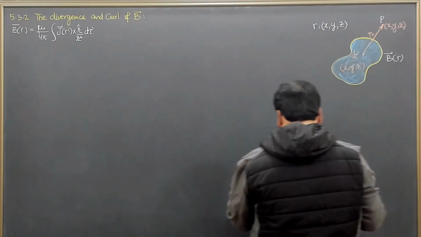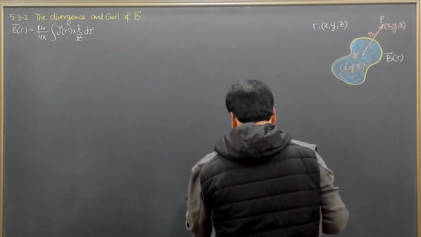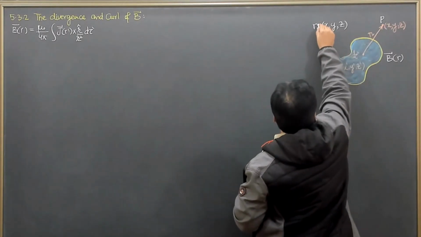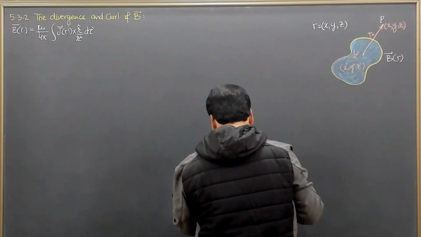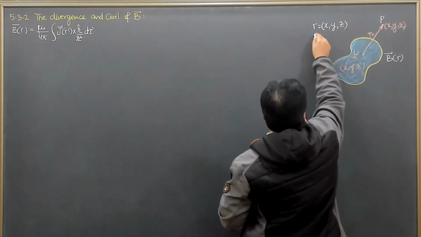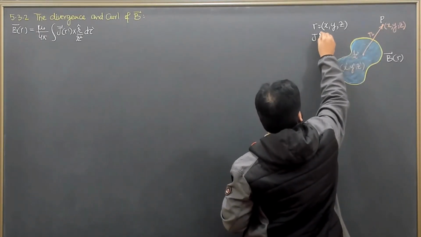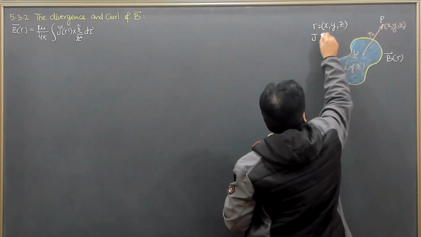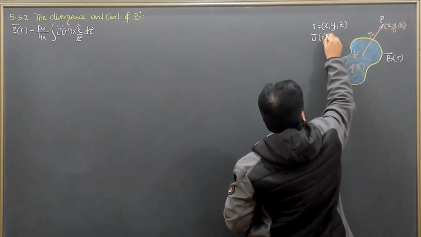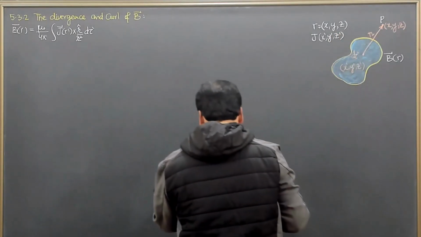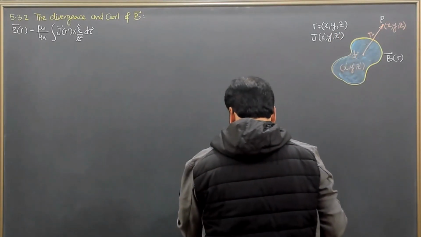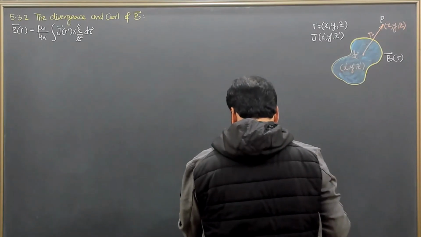Similarly, r is a function of x, y, and z, and then J is a function of x prime, y prime, and z prime. So J depends on the prime coordinates only.